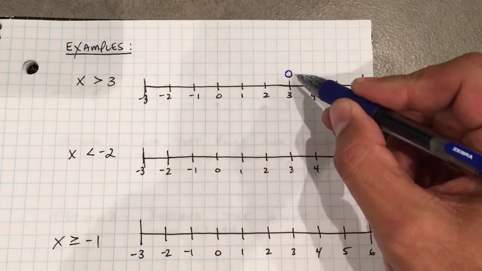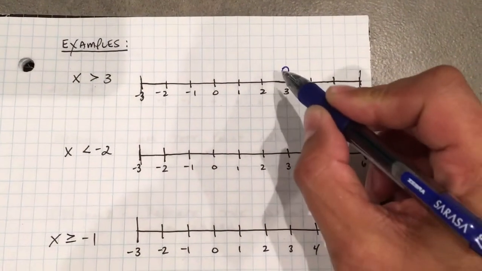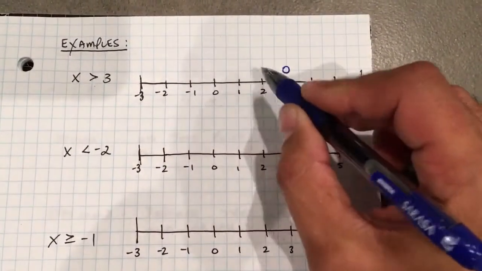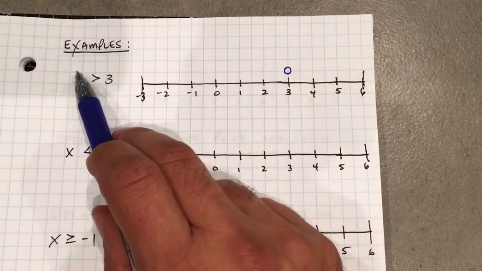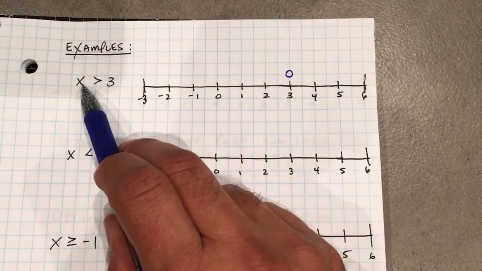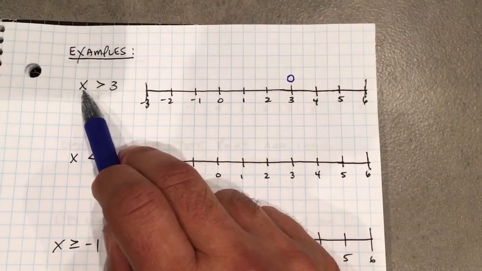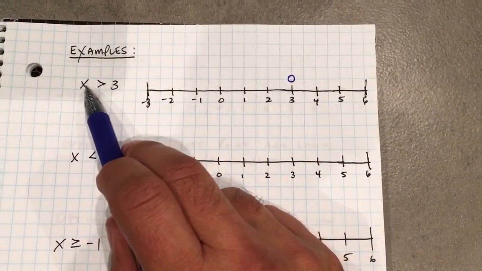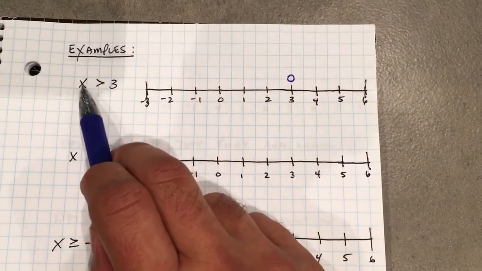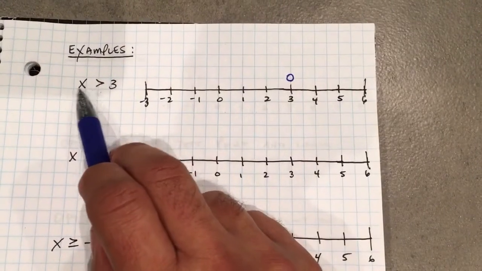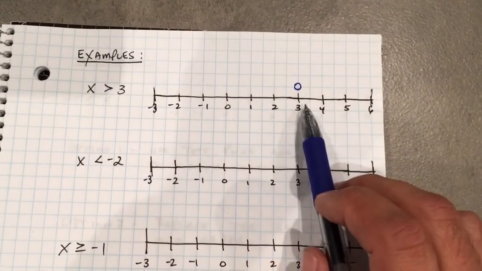But now I need to show where all the possible solutions are that can fit for this variable. Remember, this says x, this unknown number, is greater than 3.